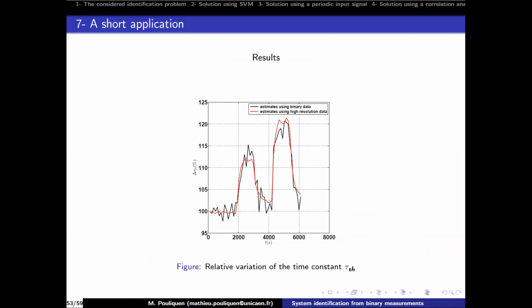Then after a while, we introduce gas in the device. We can observe the time constant variation, and we cut the gas, etc. The red is with higher resolution, and black is the result with our procedure with binary data.